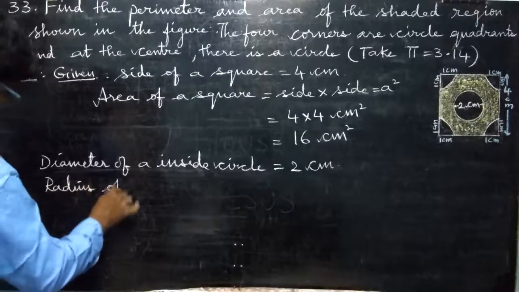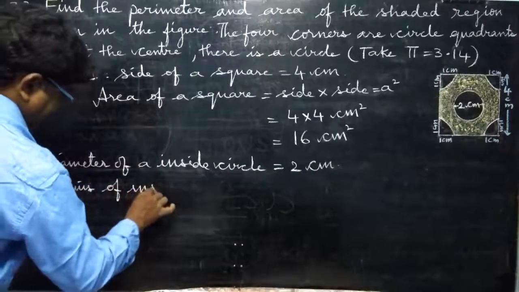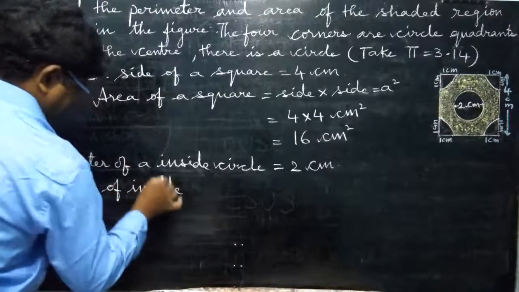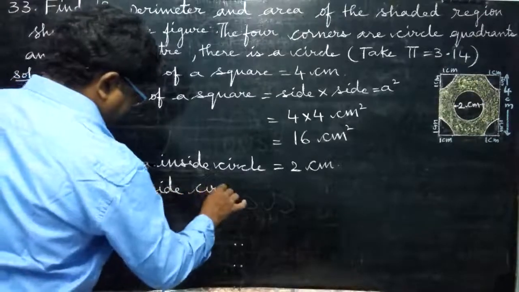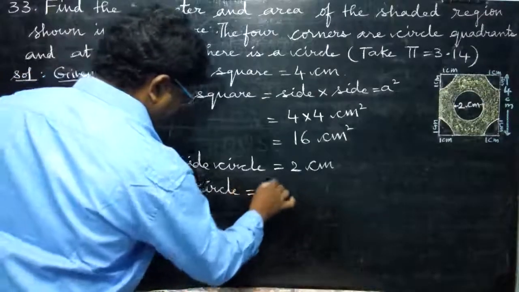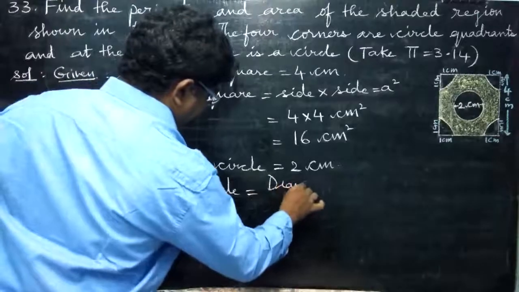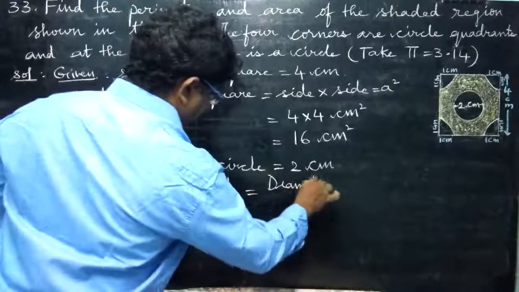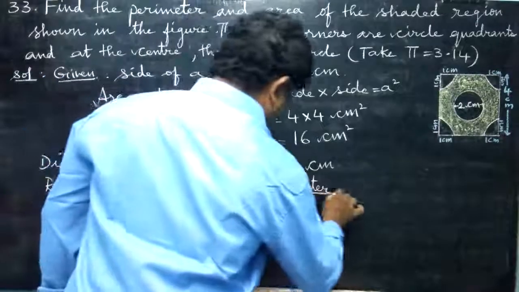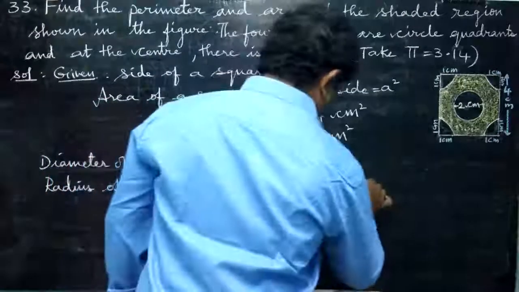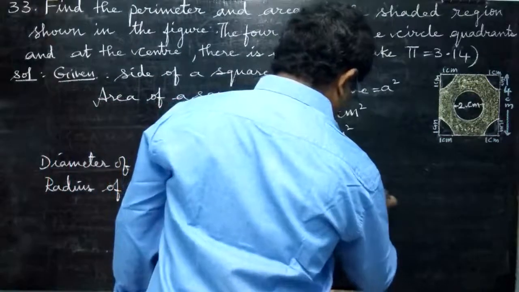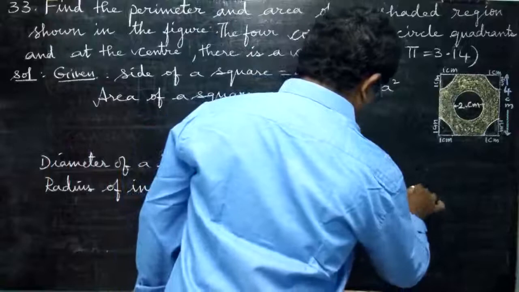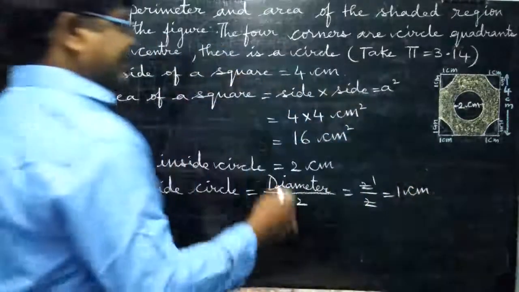The formula is diameter by 2, so 2 by 2, which is 1 centimeter.